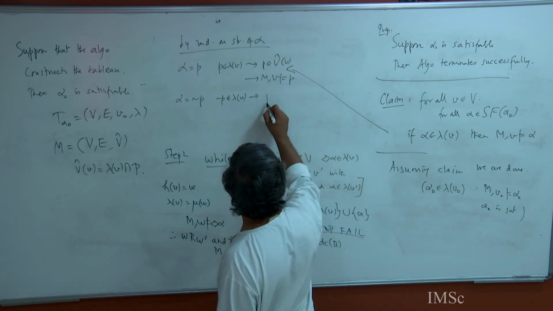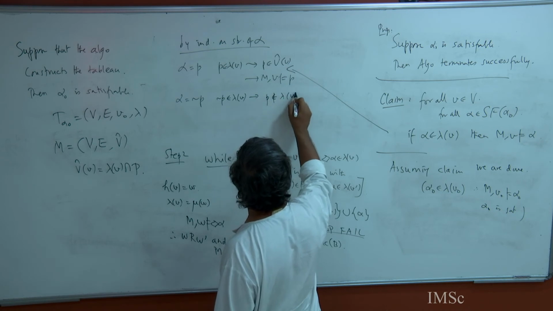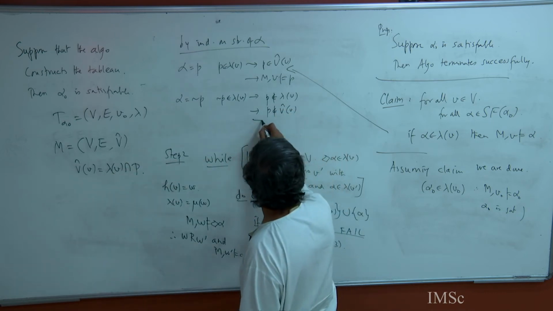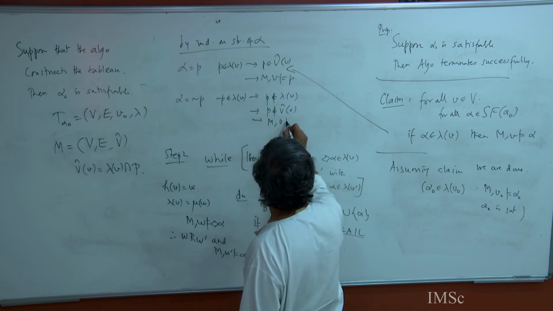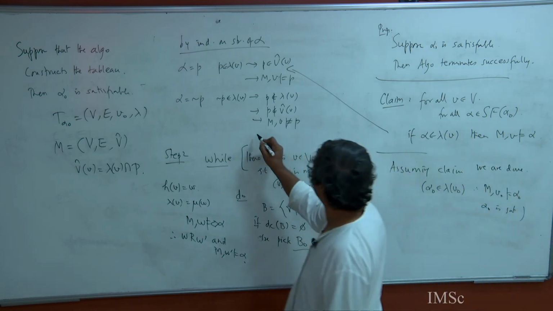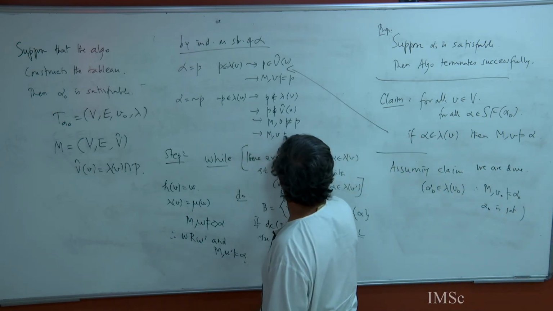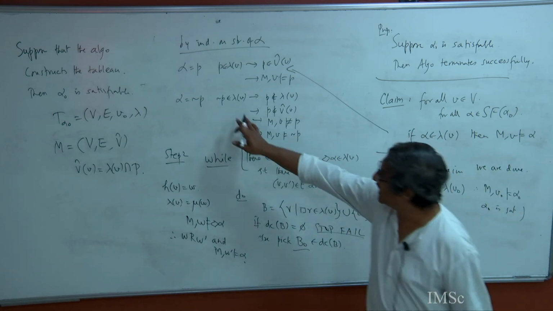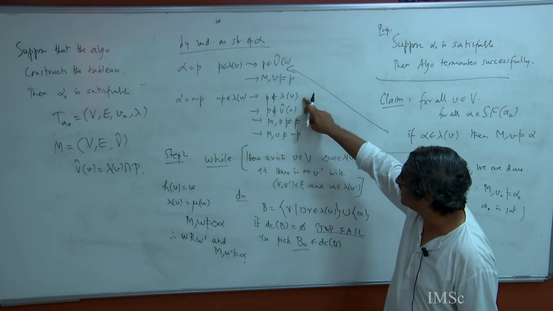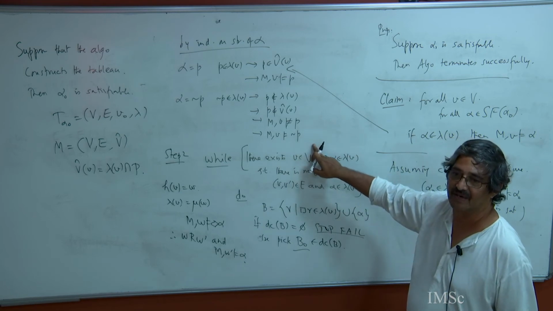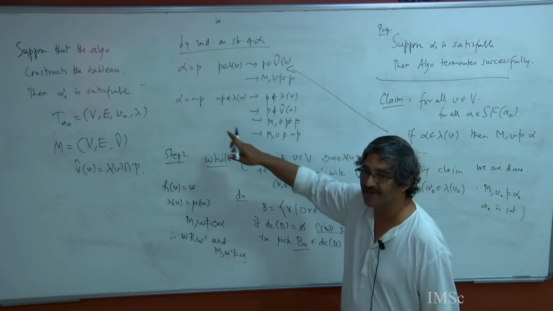Therefore, P does not belong to lambda of V, which means P does not belong to V hat of V, the valuation that we have defined, which means the vertex satisfies not P. So if negation P is there, P is not there, therefore P is not in the valuation, so P is not true in the model, therefore negation P is true in the model. Yeah. So this takes care of not P.